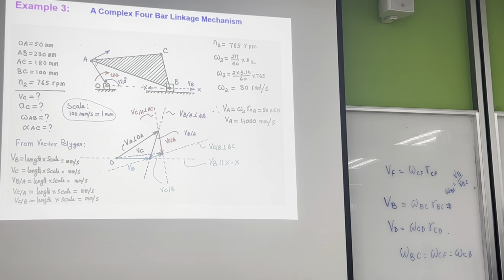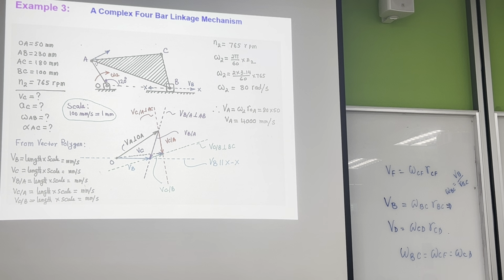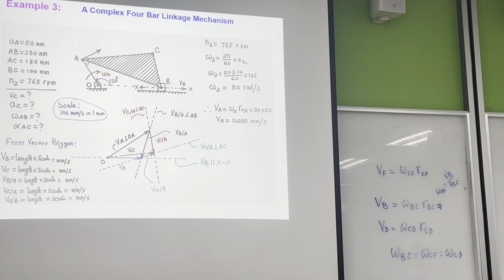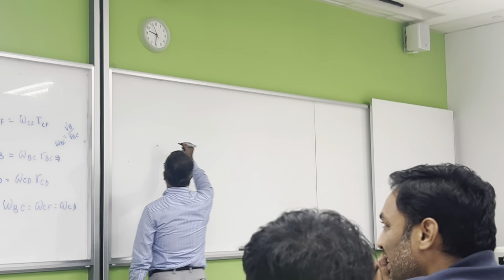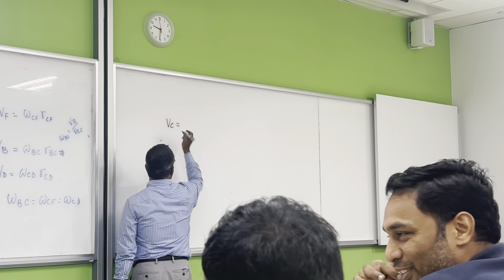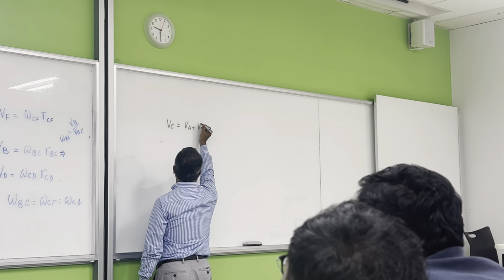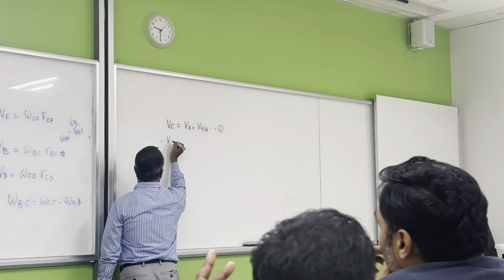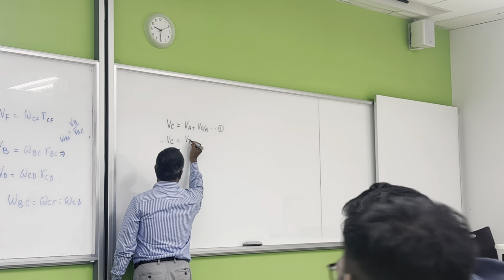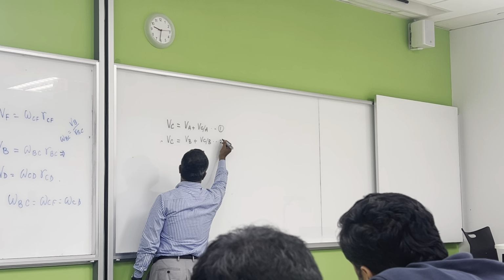And you can do it at home. Now look at here. I write two equations. VC equals, from known A, VA plus VC relative to A, equation 1, and VC equals VB plus VC relative to B, and that is our equation 2.